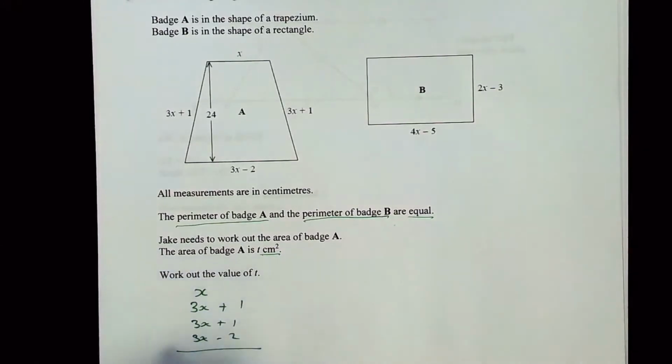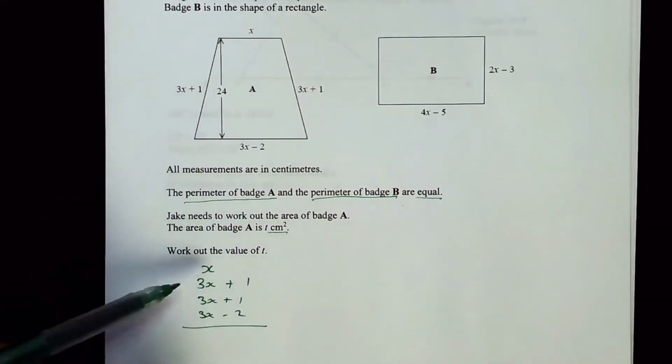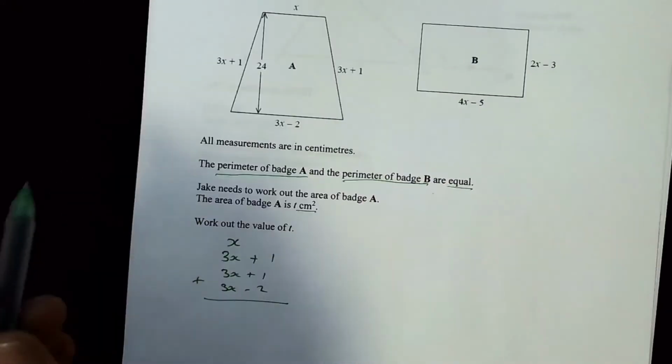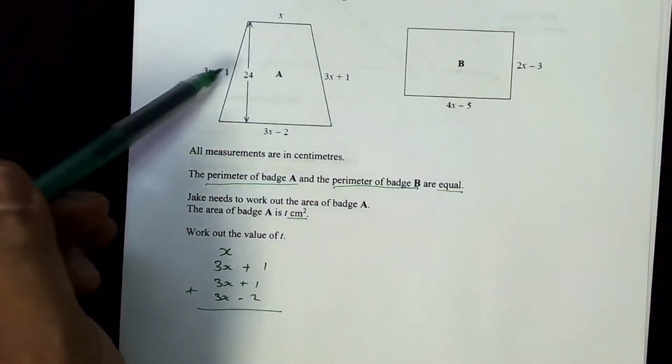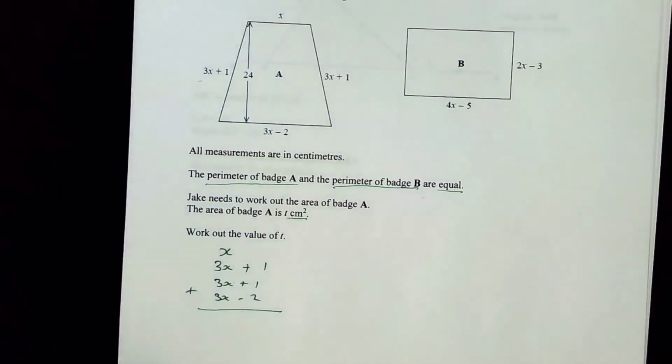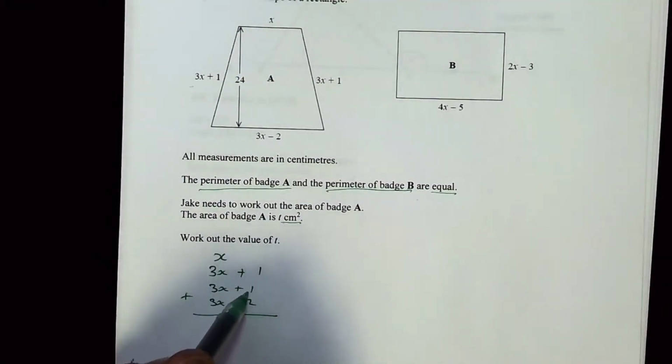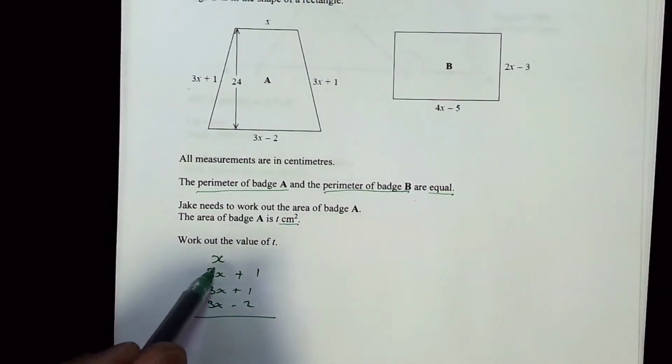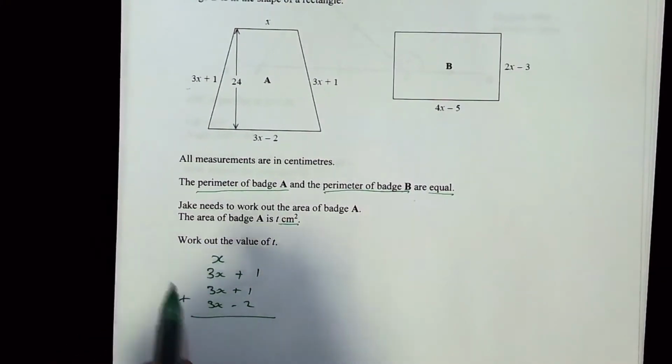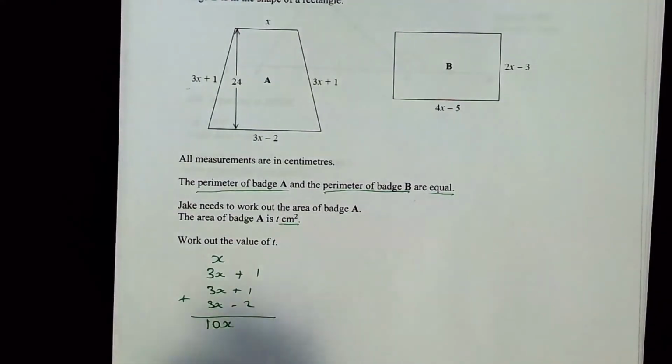I've written it as an addition. So 1 plus 1 minus 2 is 0. 3, 6, 9, 10x. So 10x for badge A.